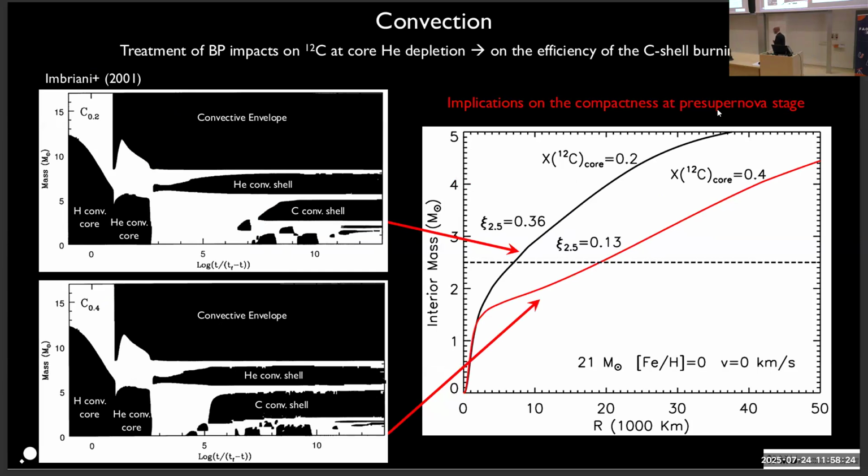Now, as I mentioned before, the breathing pulses affect the abundance of carbon-12 at core helium burning. And this is a fundamental quantity for the evolution of the stars, of the massive stars, because the abundance of carbon-12 affects the efficiency of the carbon shell burning.